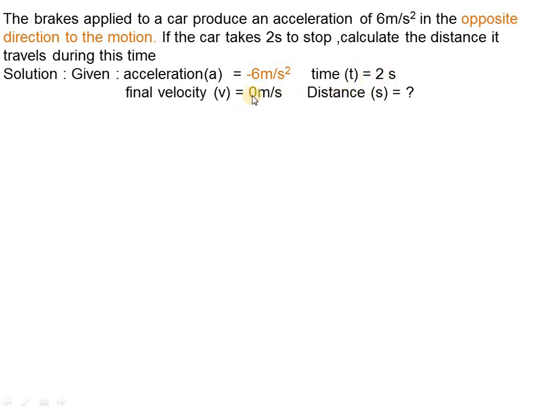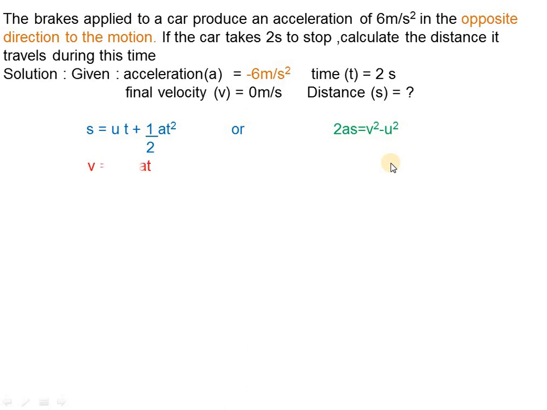Time is 2 seconds. Final velocity is 0. Why? When a body comes to rest, its final velocity is 0. When a body starts from rest, its initial velocity is 0, but when it comes to rest, that is when it stops, its final velocity is 0. Now to calculate the distance travelled, we can use either of these two formulas over here, but in this case the initial velocity is not given, so you need to have the initial velocity.